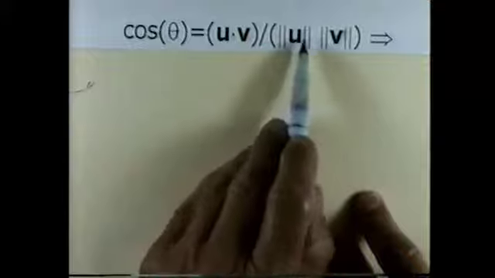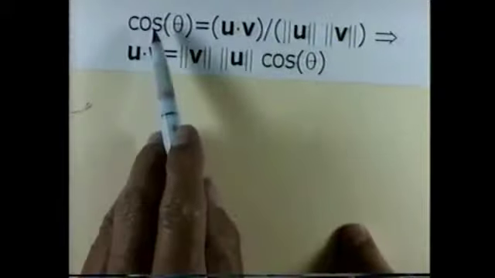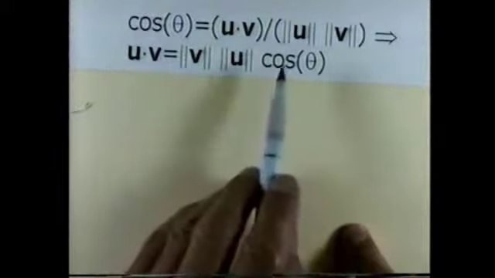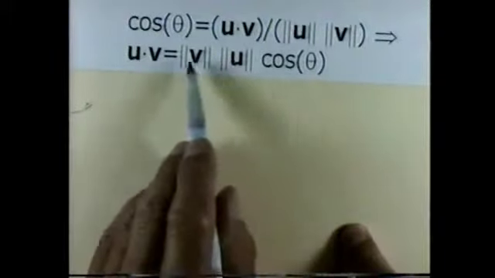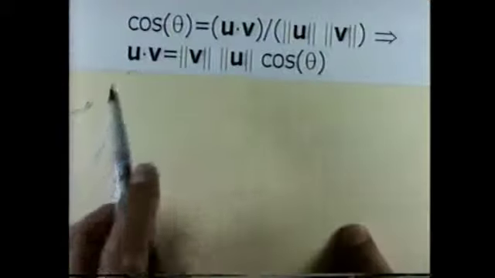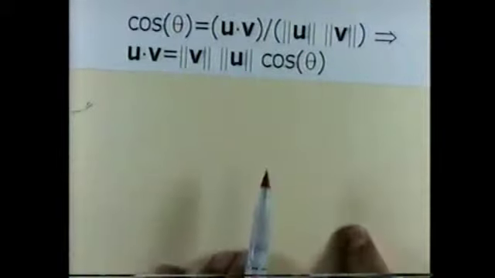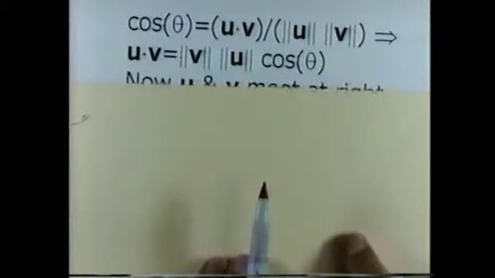So multiply both sides by the magnitude of u times the magnitude of v. We get u dot v is the magnitude of u times the magnitude of v cosine theta. Or since multiplication is commutative, it didn't matter which order, we can have u dot v is the magnitude of v times the magnitude of u cosine theta. That's just multiplying through by the denominator to clear fractions.